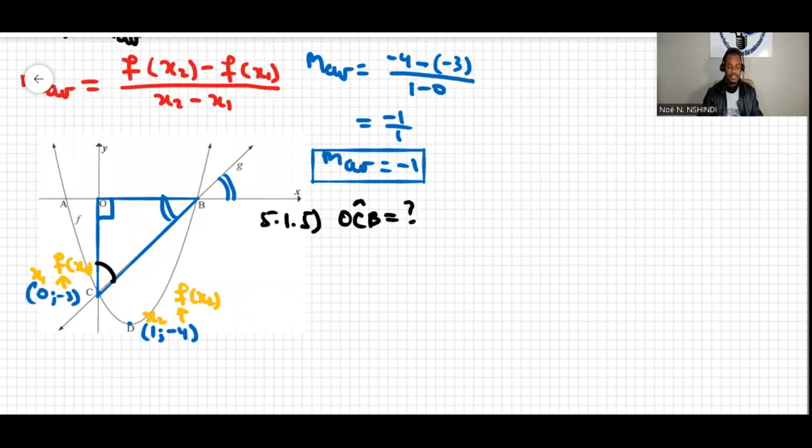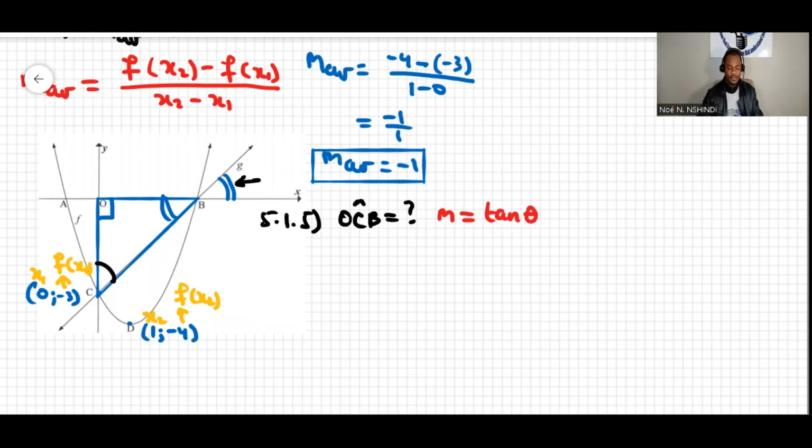We can find this angle here if we find the angle formed by the line. How can we do that? We know that the gradient is equal to tan of the angle. That's the formula.